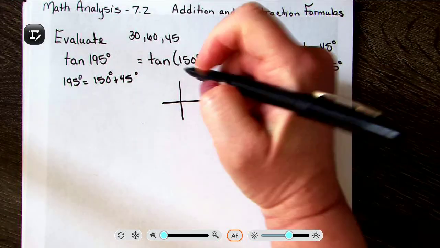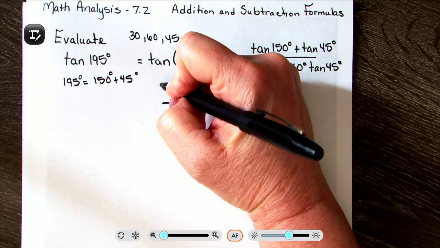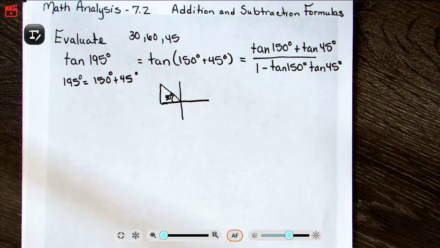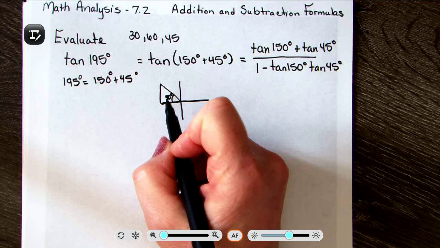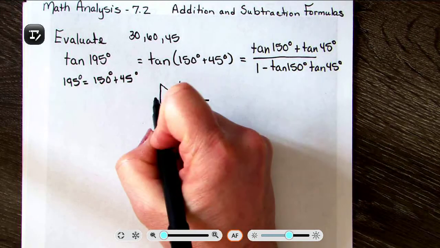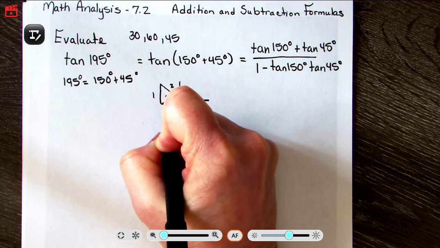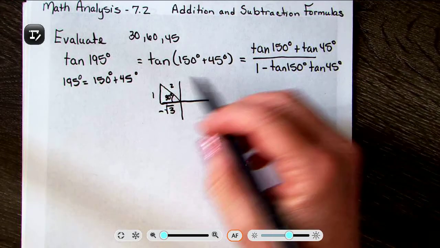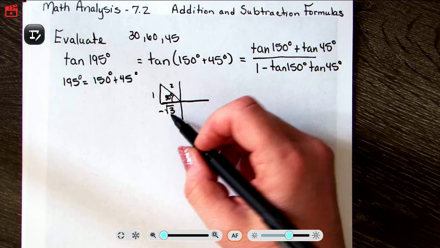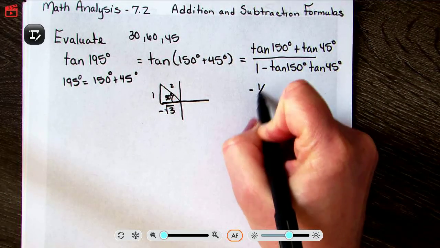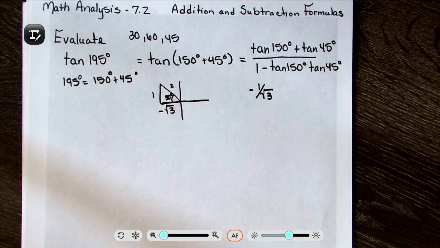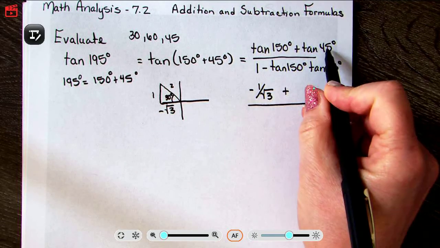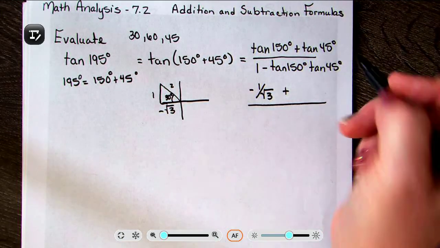150 degrees is in that second quadrant, where this is our 30-degree reference angle. That's a triangle we know: 1, 2, square root of 3, with that being negative. The tangent would be this opposite over adjacent, so that's going to be this guy. Then we're going to add to that the tangent of 45.